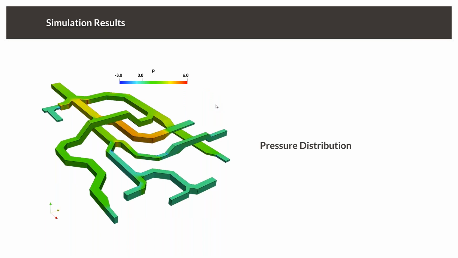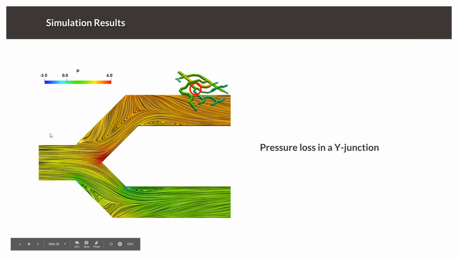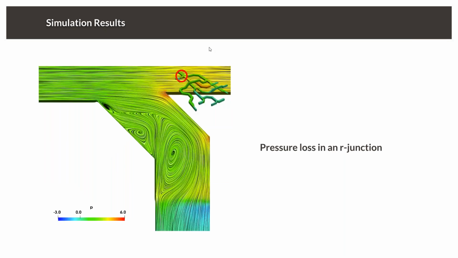This image is showing the pressure distribution outside of the ducting system, and for sure we can also visualize pressure losses everywhere. For example, here we visualize the pressure loss in the Y junction due to the flow separation we have here and here. Obviously this shows that there is some potential for optimization, for example, adding a fillet here or something like that.